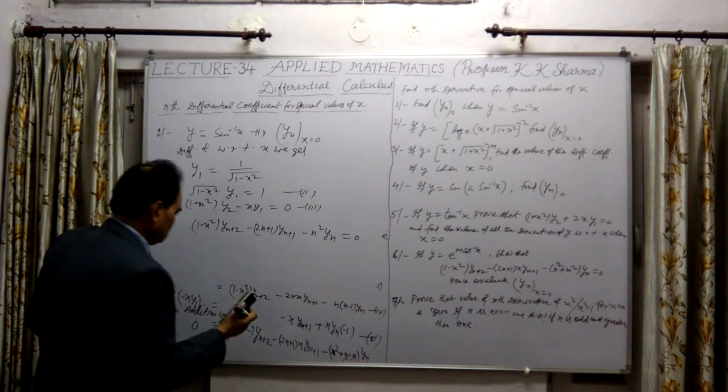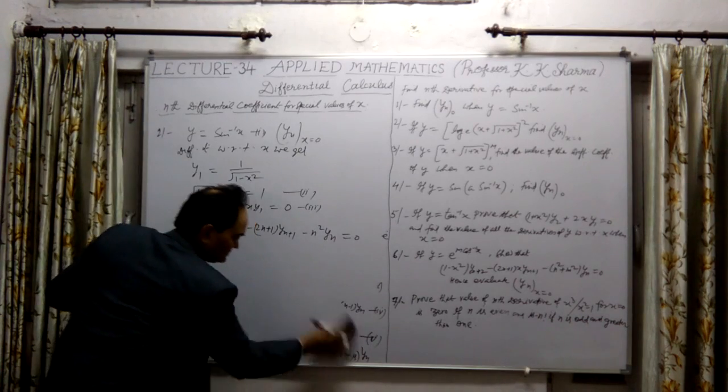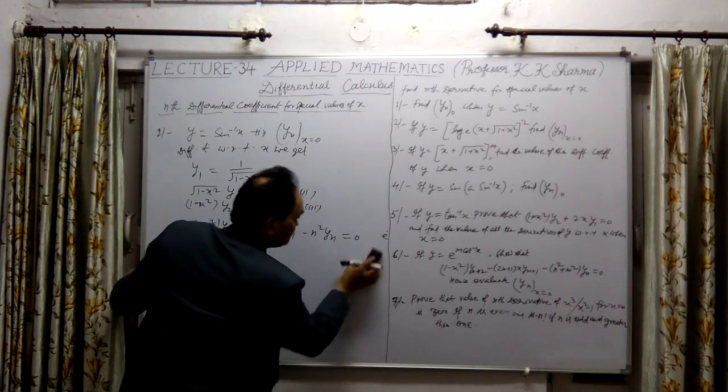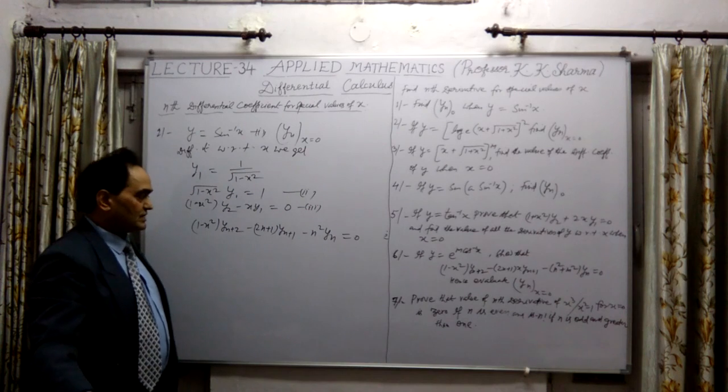Now we have to find out the value of these functions, the nth derivative of this, or first derivative, or second derivative, at x equal to 0.